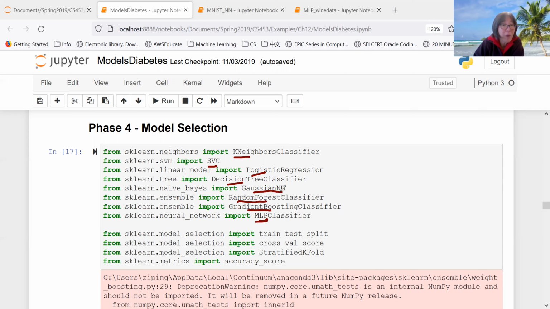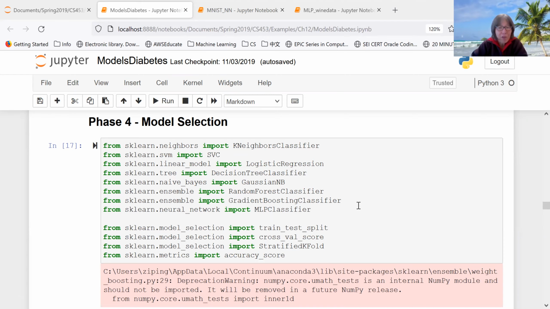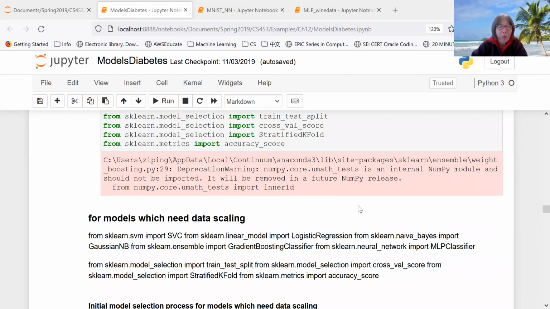Here we see all the models put together, and as usual we do the testing data split and cross validation. We learned the stratified k-fold previously. This is to keep the classes balanced when you do the splitting, the samples balanced between the classes.